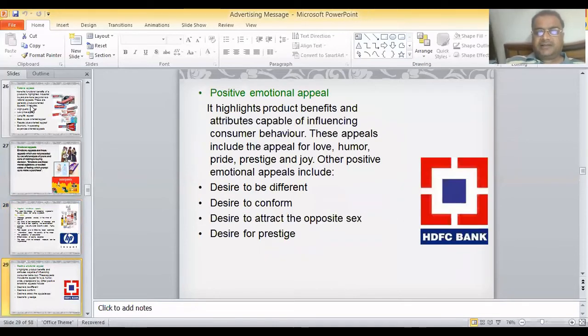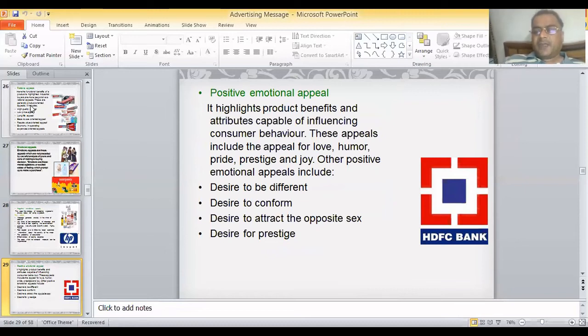Now, next is positive emotional appeal. Positive emotional appeal is nothing but you show love, humor, pride, prestige, joy. So these are positive emotional appeals.